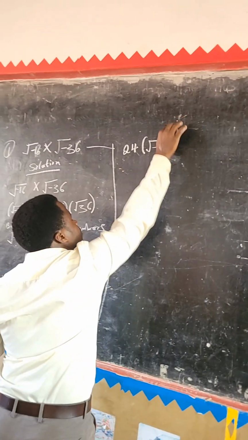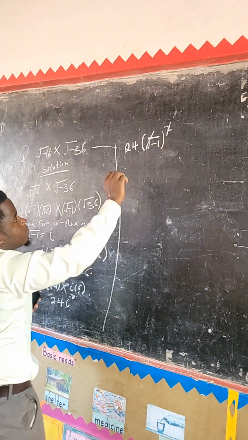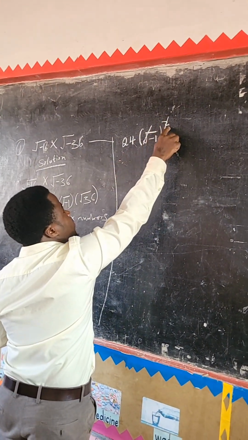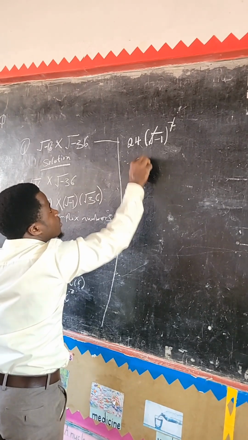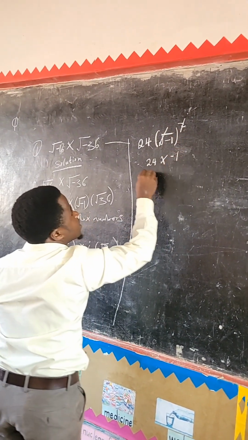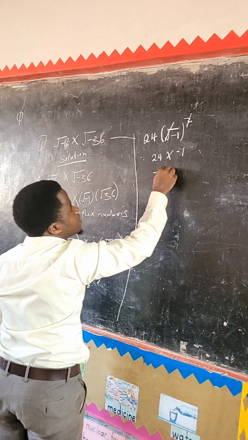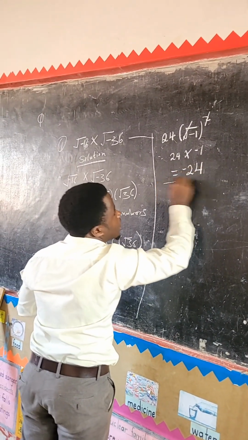This root here cancels out with this power 2 from the laws of mathematics. So the power 2 cancels out with the root. This implies that we are going to have 24 times -1. Since this root has cancelled out with this, we are going to have -24 as our answer.